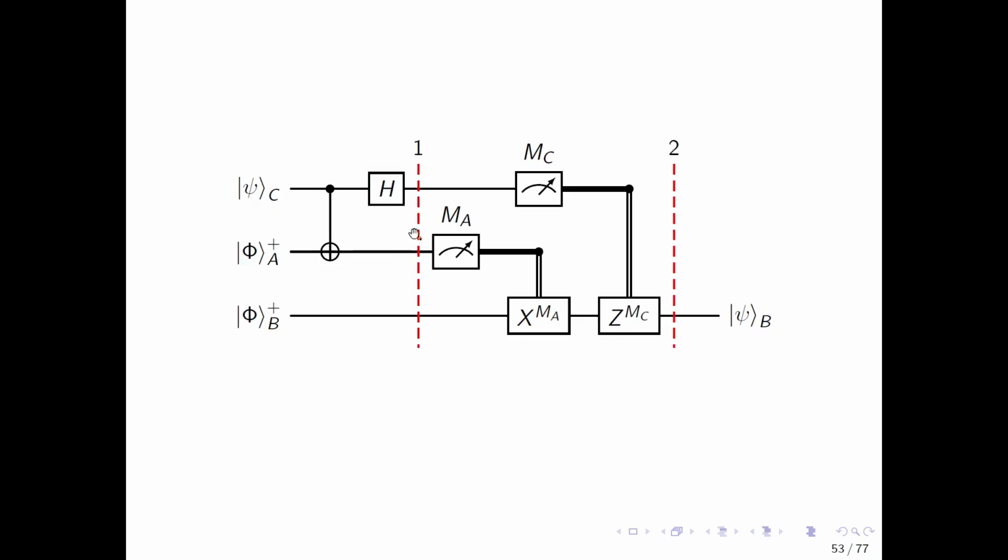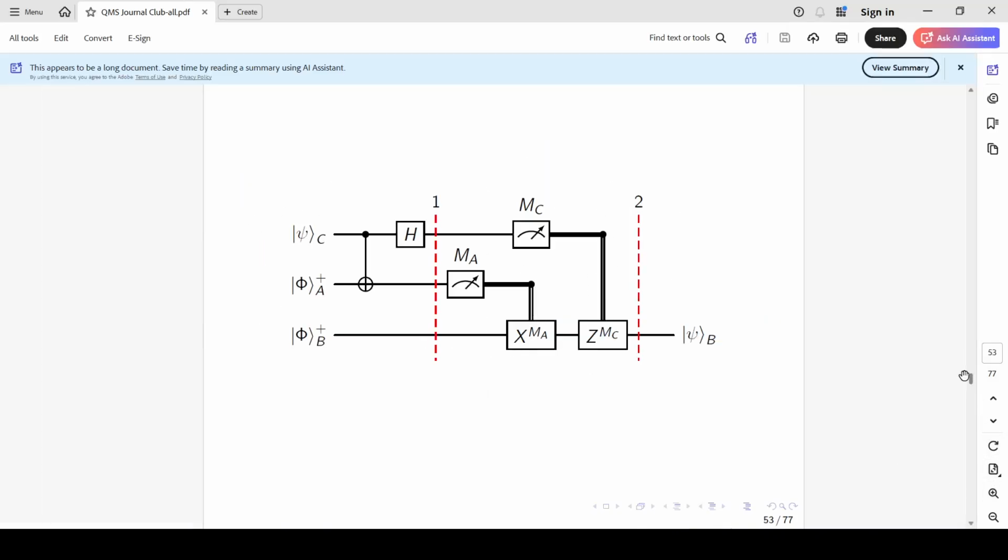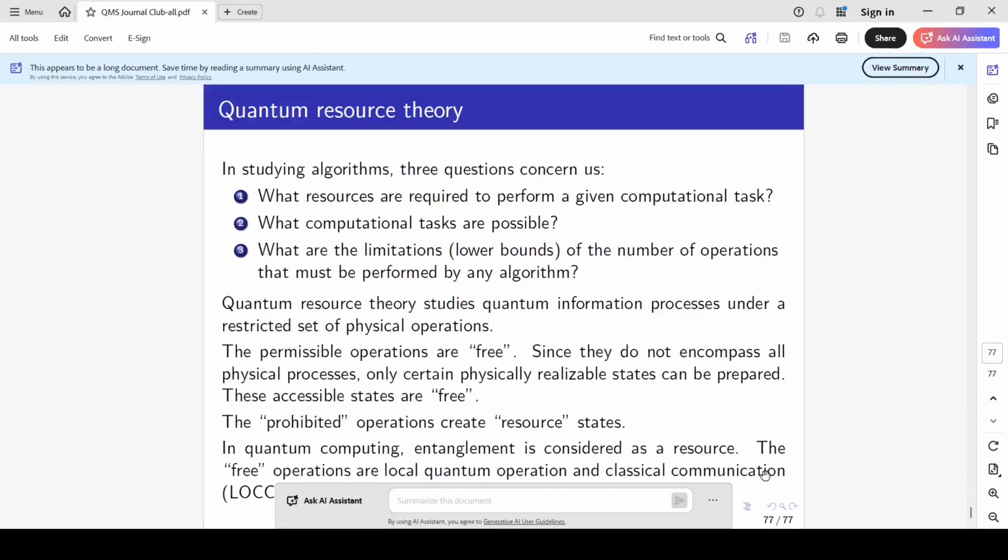After this operation, Alice performs a measurement, and the measurement outcome is sent to Bob classically. So you are free to perform unitary operations on the Alice part, and the classical communication is between Alice and Bob.